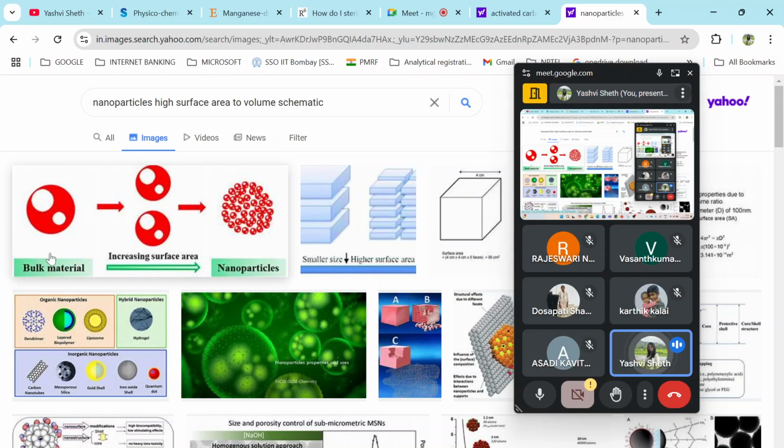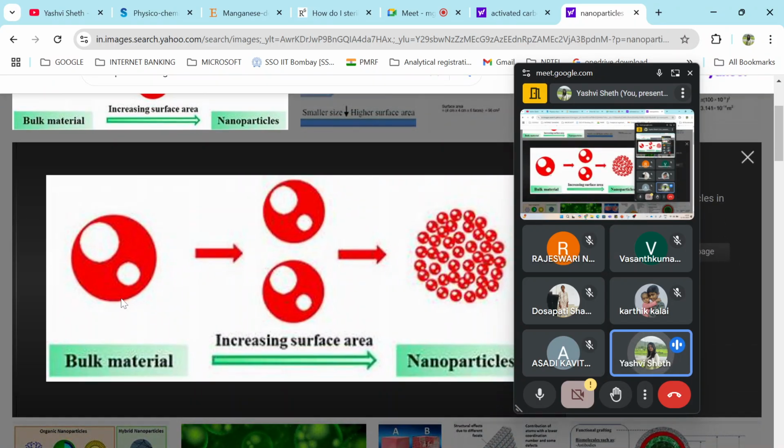Let's say this is bulk, which means it has micron or maybe millimeter, centimeter size.